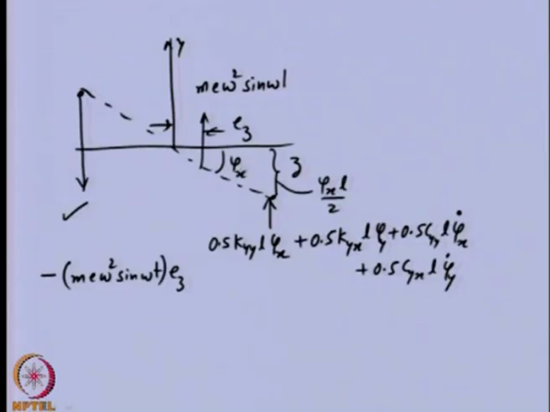So, they will also be negative. So, this will give us 0.5 kyy, L is the moment arm, so we will be having L square. So, these are the moments now. They are negative because they are acting opposite to the angular displacements.